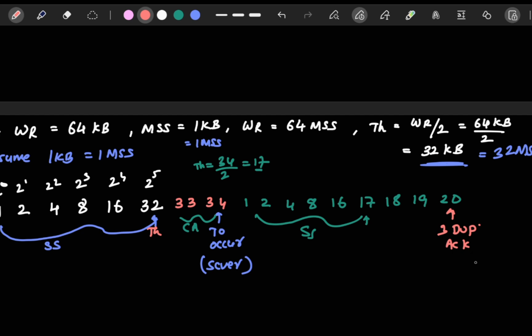So this is through 3 duplicate acknowledgements, and in this case congestion is detected and this congestion is mild. So congestion is not severe, but it's mild congestion.